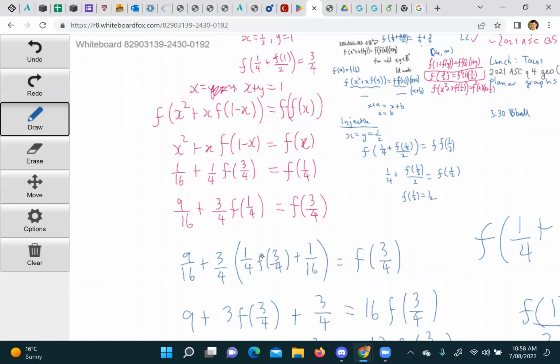Sub p equals 1 and q equals 1. I don't know how to do rationals. You get f of 3 over 2 equals q. Could use the x plus y. Oh yeah. Okay, so if we use this, then we might be able to get.